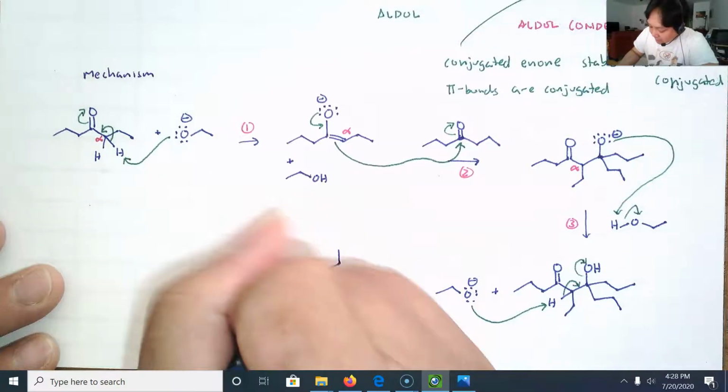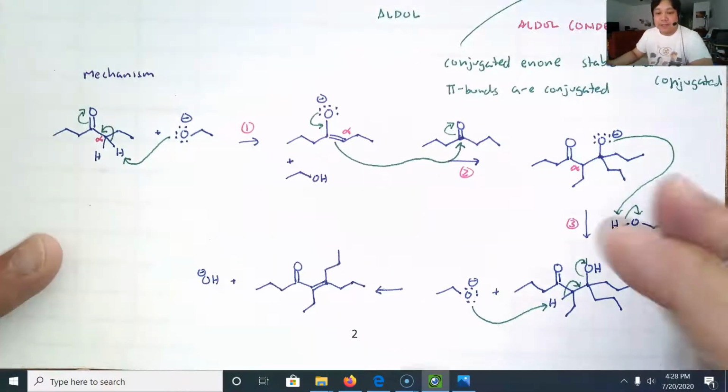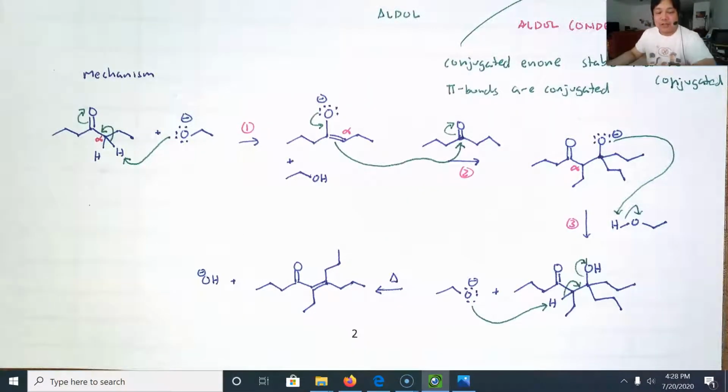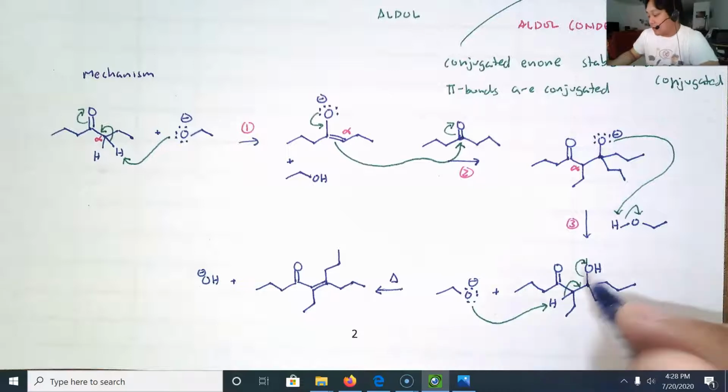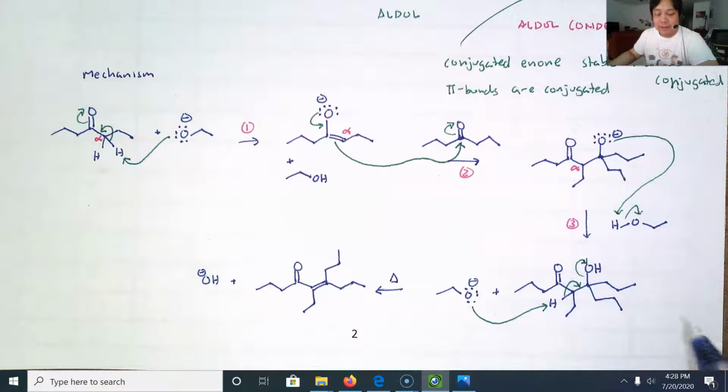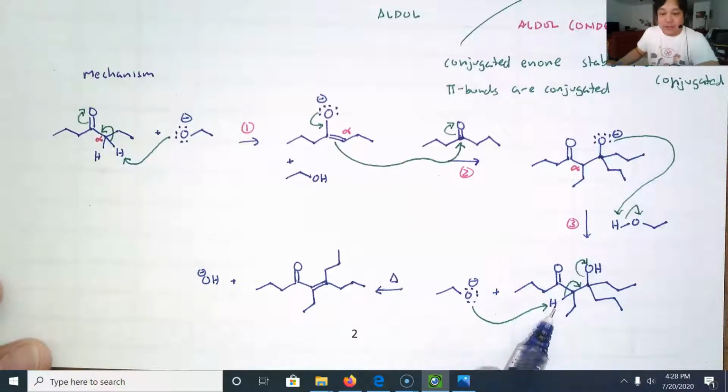There are a couple reasons. The first reason is that we're using heat. Okay. Heat will push the reaction. So the OH now, we're giving it more energy to leave. The other thing is that we have base. And we're able to rip off this hydrogen.